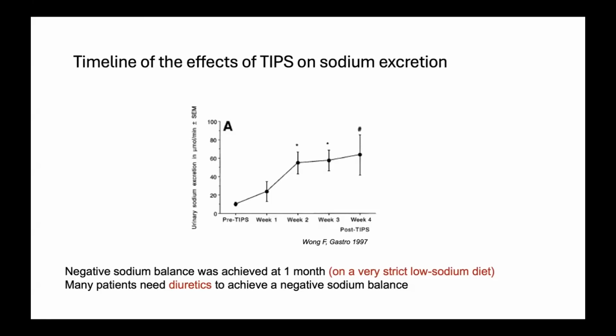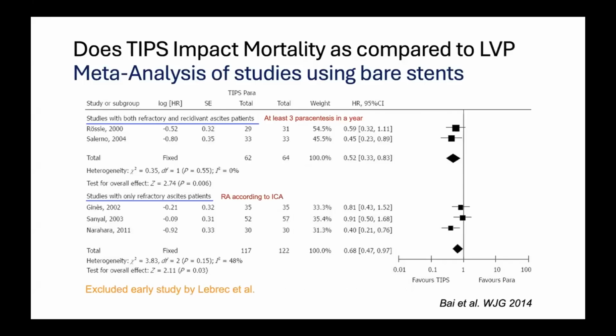So what I want to show here is that the effect is not immediate, and most of the time you need the help of diuretics to achieve control of ascites after placing a TIPS. So what TIPS mostly do is transform a refractory ascites into a diuretic treatable ascites.